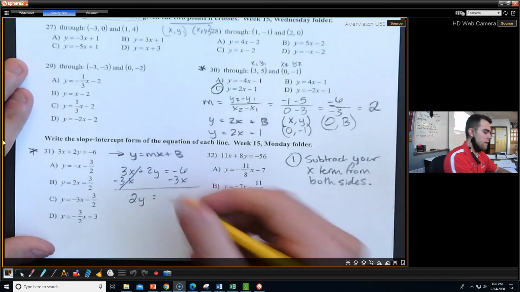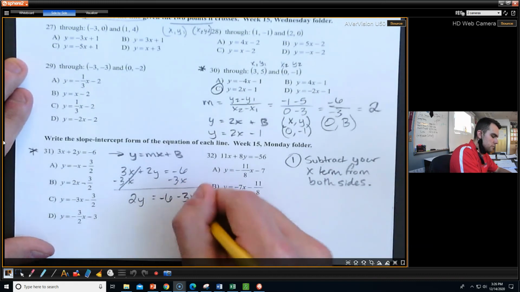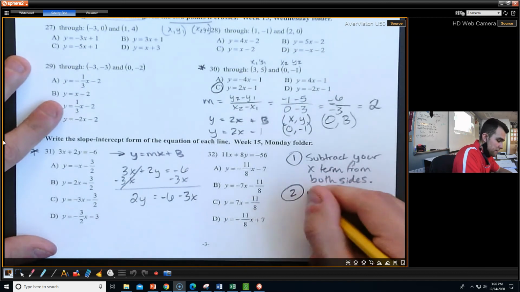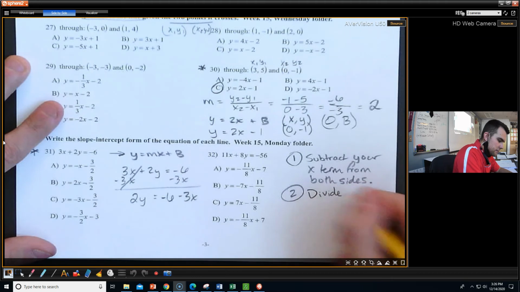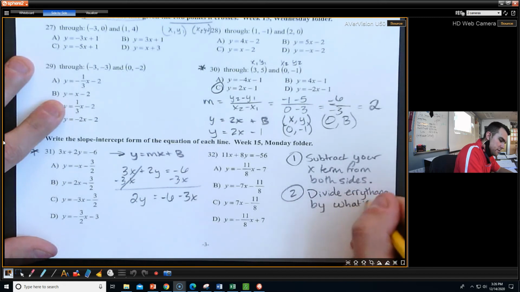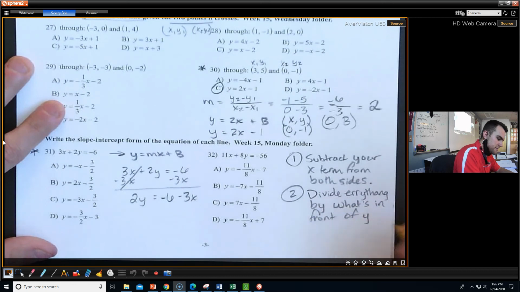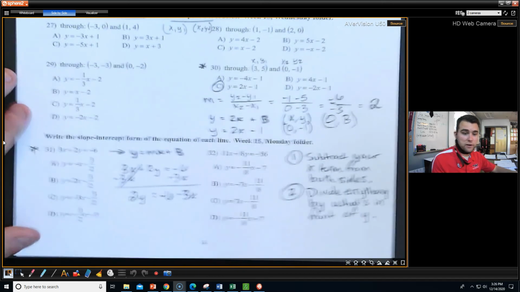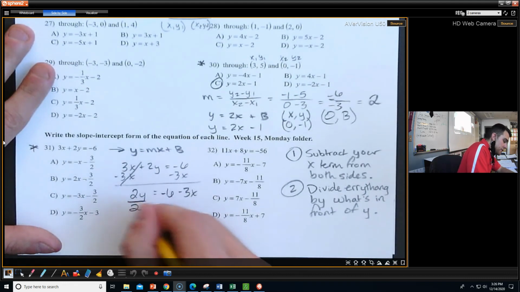They're not like terms, so I have to write them next to each other. And we're almost done. The second step is divide everything by what's in front of y. In this case, I have to divide everything by 2.